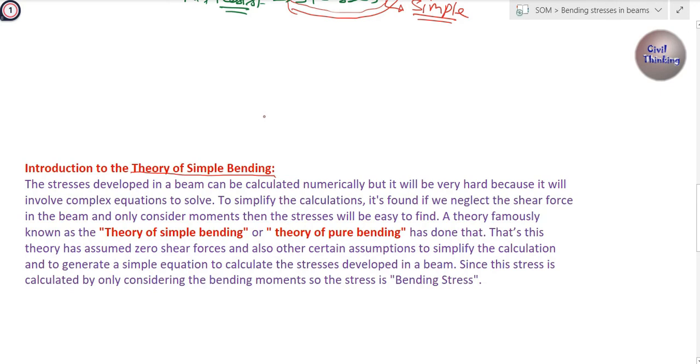Some books have also called it theory of pure bending. It doesn't matter, what is important is the concept behind it. And in the next class we will see the concept behind theory of simple bending, and also we will derive that simple equation.